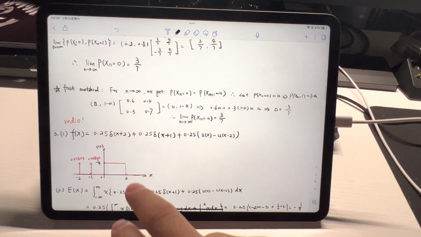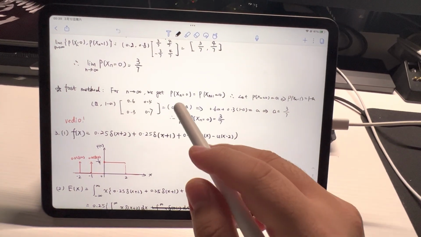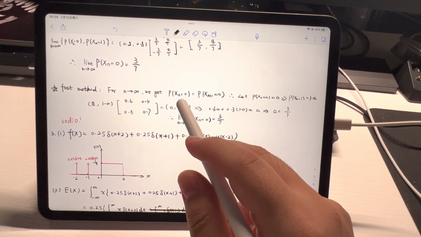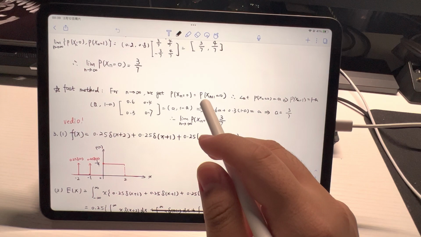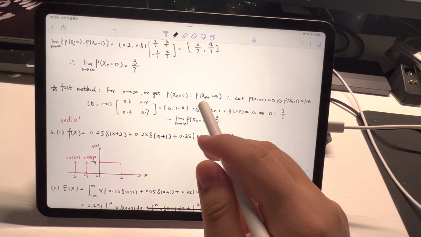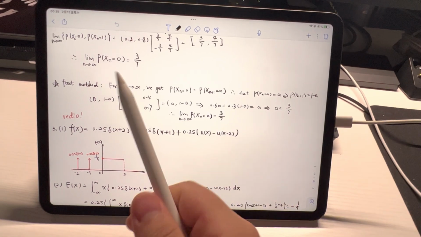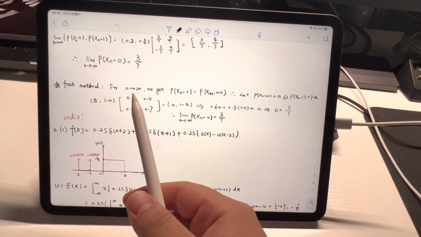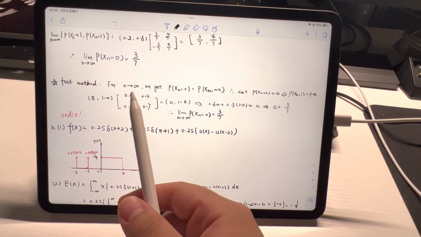As we all know, when n is large enough, we could get this formula. The probability of Xn = 0 equals the probability of Xn+1 = 0, because the limit of n is so big.